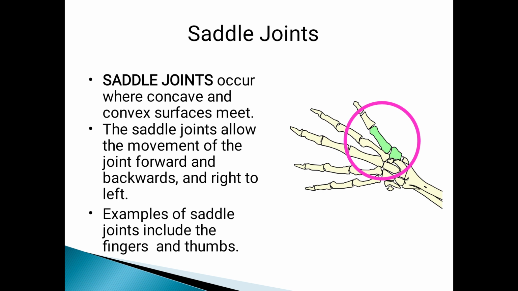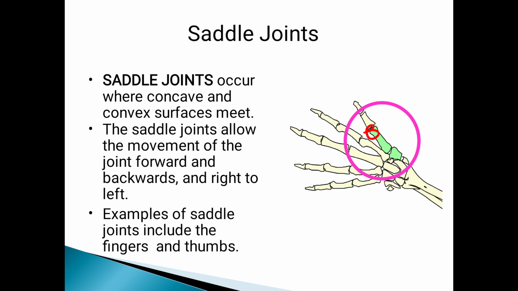Next we have a saddle joint. So here also concave and convex surfaces meet. So these joints allow the movement of joint forward and backward and right to left.